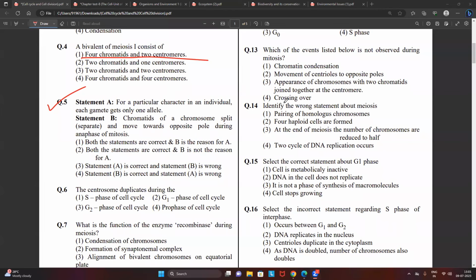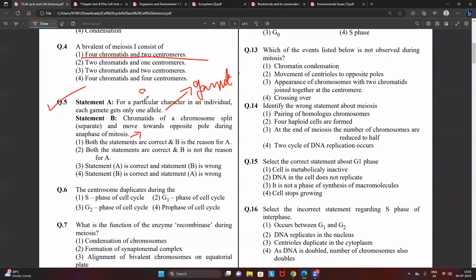See, friends, the question says that for a particular character in an individual, each gamete gets only 1 allele. This will occur in gamete formation. Chromatids of chromosomes split and move towards opposite poles during the anaphase of mitosis. Correct?